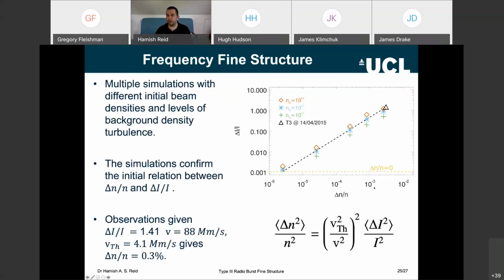And then we fit using this formula a dashed line that you can see goes through the simulations in a very nice way, highlighting this analytical relation between delta n over n and delta I over I. Incidentally, the level of density fluctuations that we got was about 0.3%, which agrees with the level of density fluctuations that people have estimated from a number of other different methods within the solar corona.